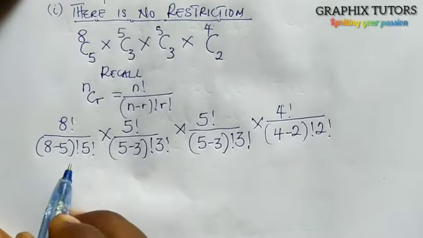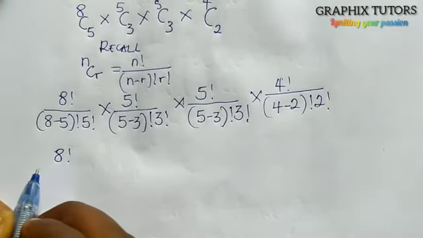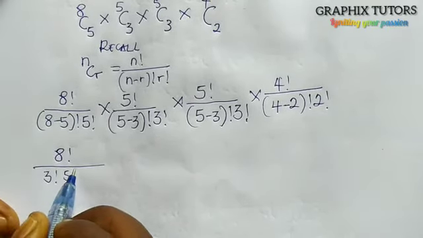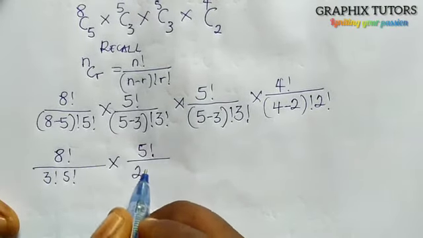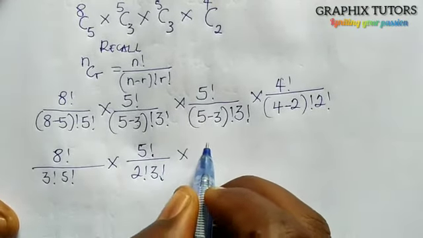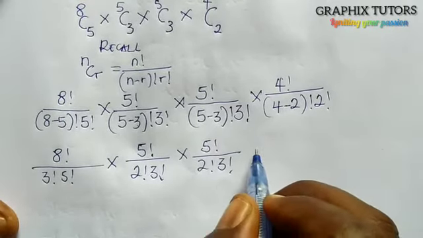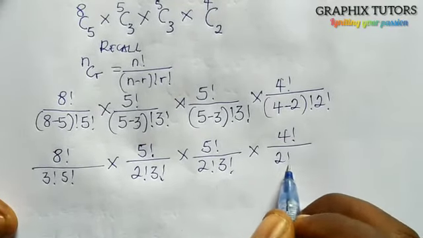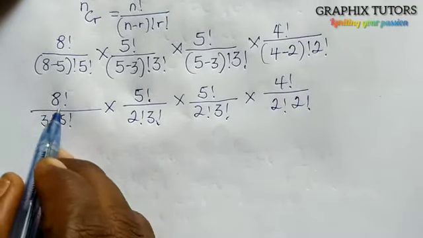Now if you break them down, this gives me 8 factorial all over 8 minus 5, which is 3 factorial, 5 factorial, multiplied by 5 factorial all over 2 factorial 3 factorial, because 5 minus 3 is 2. Then multiplied by 4 factorial all over 2 factorial 2 factorial. Now from here I can expand 8 to 5.